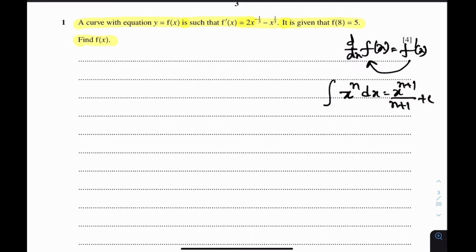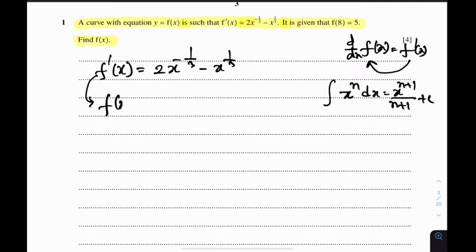Now let me simplify. f'(x) equals 2x to the power minus 1/3 minus x to the power 1/3. If we integrate this, we have f(x) equals 2x to the power minus 1/3 plus 1, so 2/3, divided by 2/3, minus x to the power 1/3 plus 1, so 4/3, divided by 4/3, plus c.